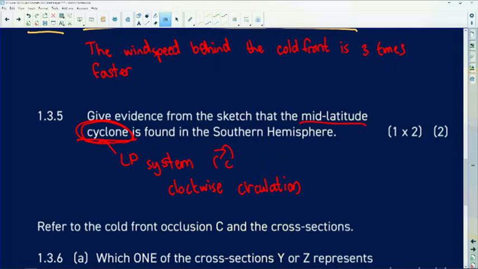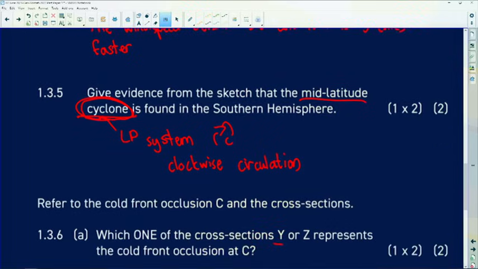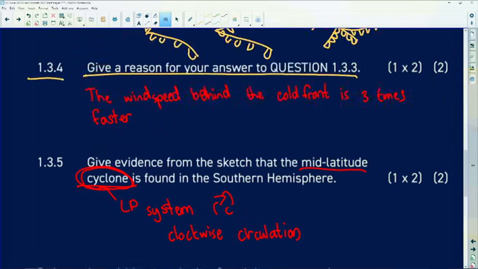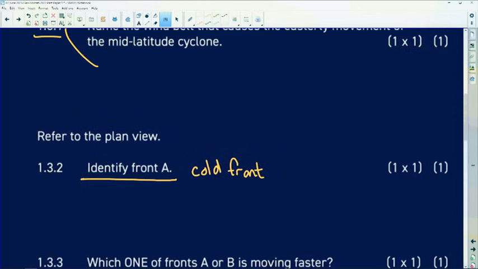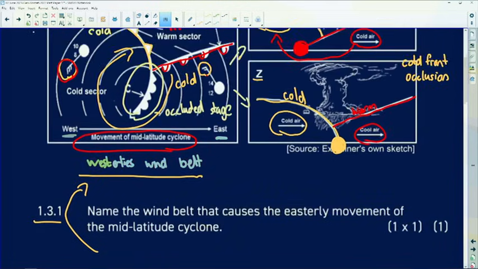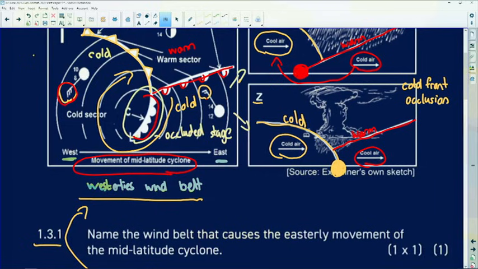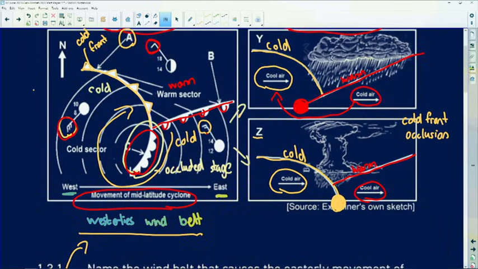Okay, our next question focuses on our 2 cross sections that represent Y and Z that we discussed. 1.3.6. Which one of the cross sections, Y or Z, represents the cold front occlusion at sea? Now let's go back to our diagram. So this is our occlusion. It's when the cold front has caught up with the warm front.